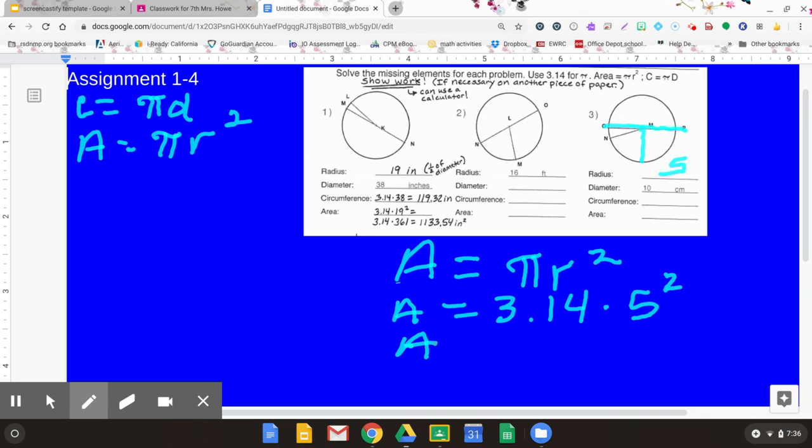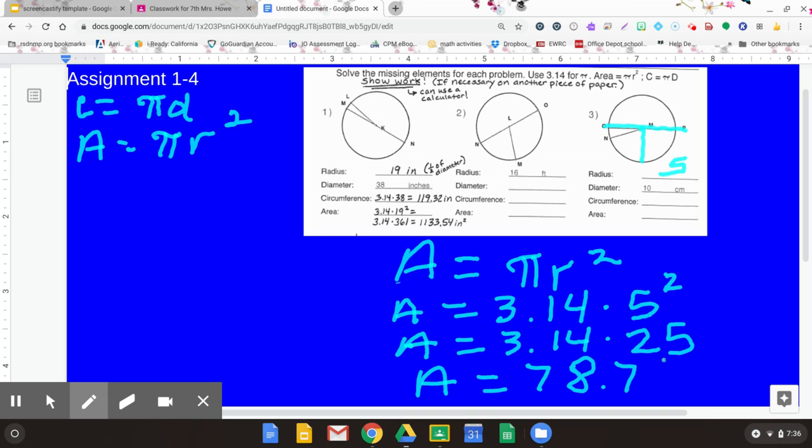Area equals 3.14 times 5 squared. 5 squared is 5 times 5, so that is 25. Area equals 3.14 times 25 is 78.5 centimeters. And we're talking about area, so that is squared.